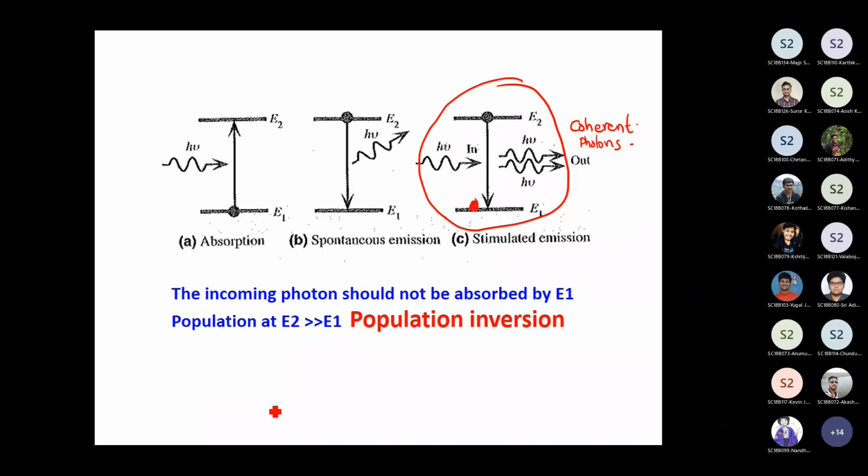This population inversion is extremely important for lasers to work. And population inversion does not happen naturally. You need to create that population inversion, and for this you use a pump.